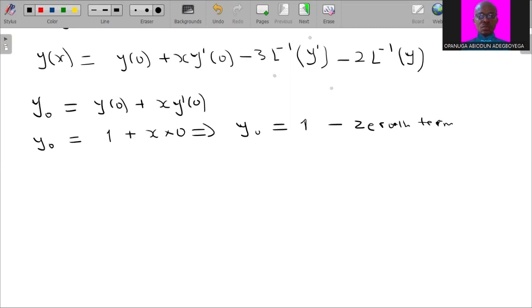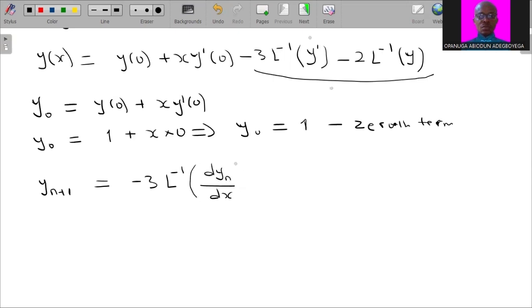So the remaining part of the differential equation shall be written as the recursive relation y n plus 1 equal to negative 3 L inverse of dy n dx minus 2 L inverse y n.